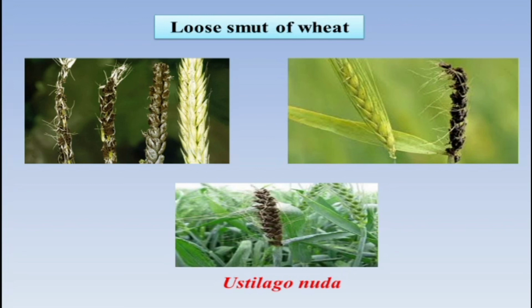What happens? The fruit is ruptured and the leaves are also ruptured, and the leaves and fruits are totally destroyed by this fungus. Finally photosynthesis stops and the plant does not grow well. The causative fungus of loose smut of wheat is Ustilago nuda.